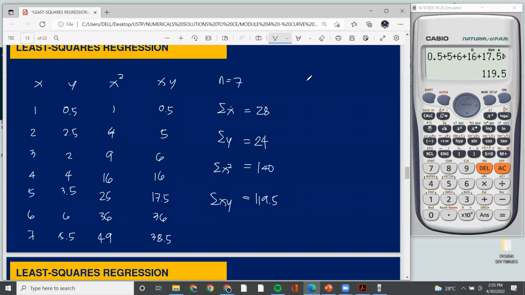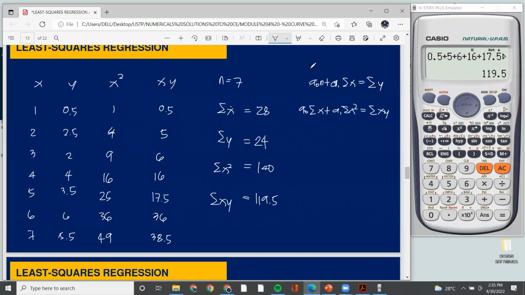Okay, our formula: we have A sub 0 n plus A sub 1 summation of x equals summation of y. The other one is A sub 0 summation of x plus A sub 1 summation of x squared equals summation of x times y.